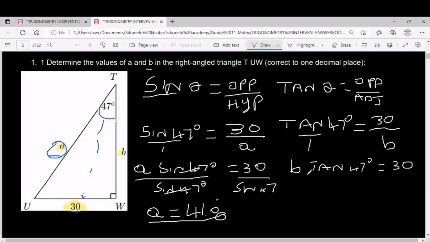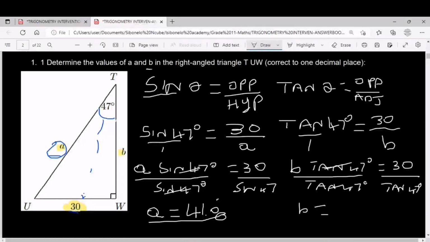Then we divide by tan 47. What you do on the left, you also do on the right. So tan 47 cancels out and we are left with the value of b.